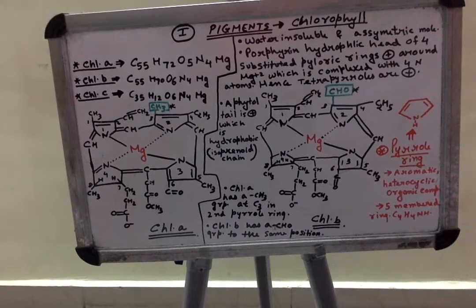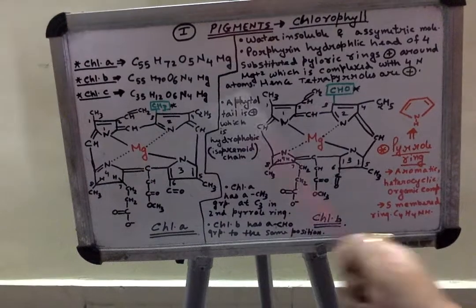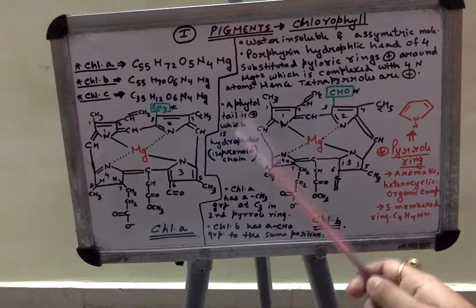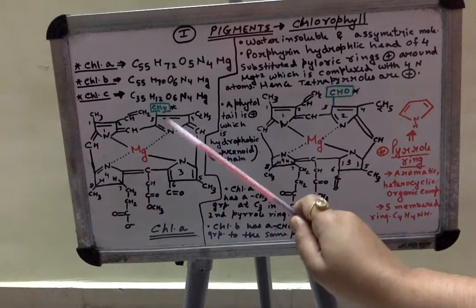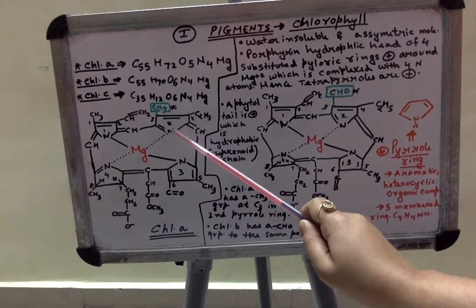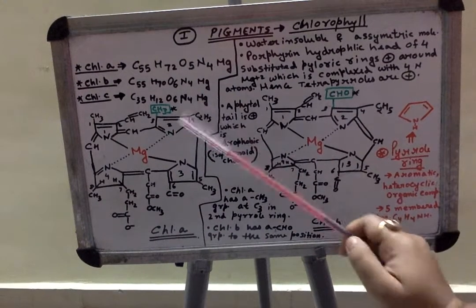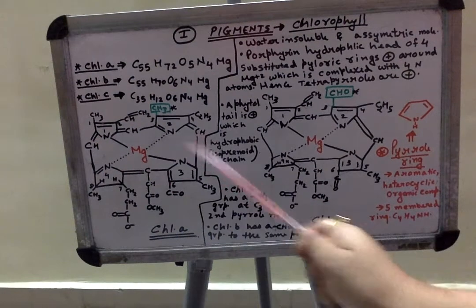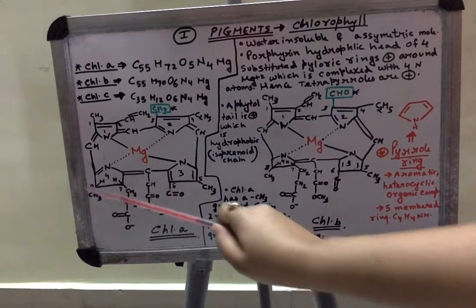Now if I come to the diagram, both the diagrams are similar without any significant difference, but there is one important point. If you notice the second pyrrole ring in chlorophyll A as well as in chlorophyll B, the third carbon, I have already numbered the carbons here, 1, 2, 3, 4, 5, 6, 7 and 8.